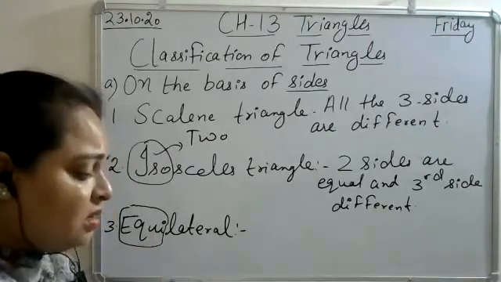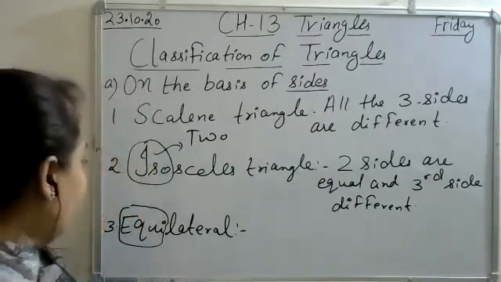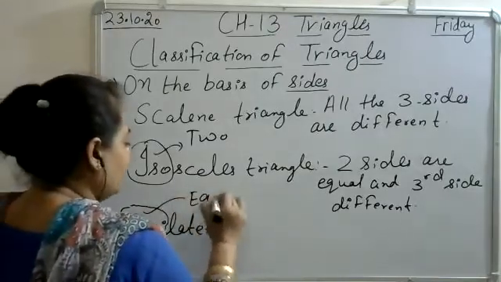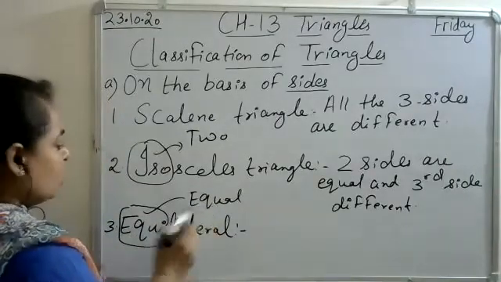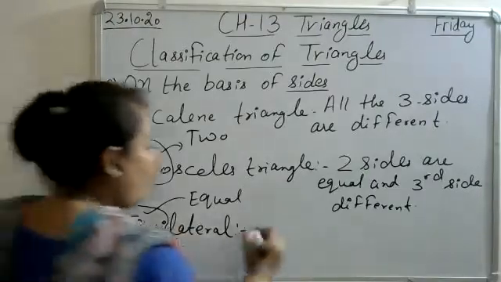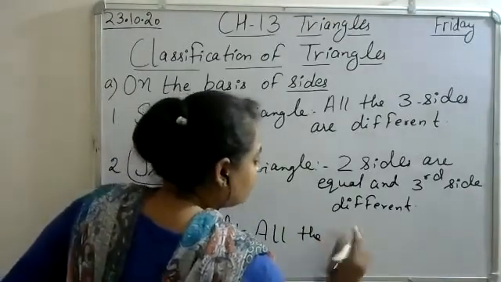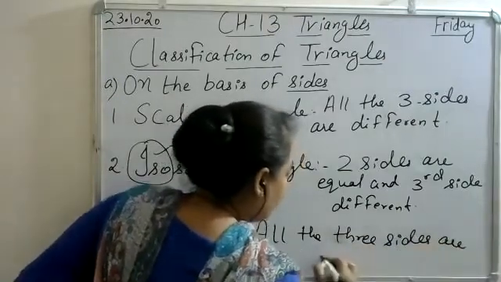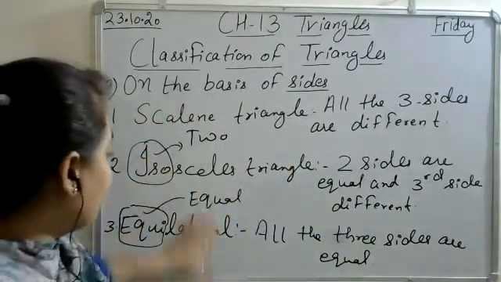No, Kritagya, same line means collinear. I am talking about equi. Equi means equal. Check E-Q-U. So equi word indicates equal. So in this triangle, all the three sides are equal.